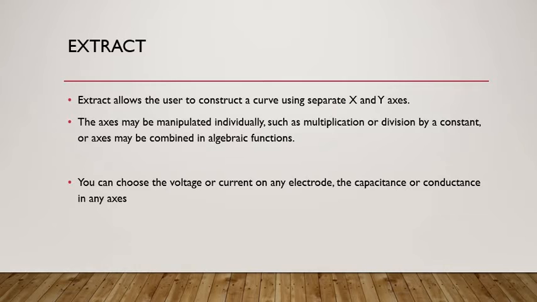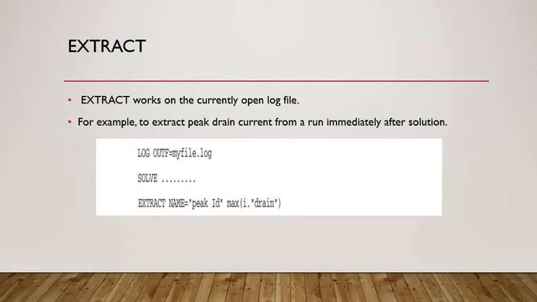Now coming to the syntax. If you want to generate data from extract for the currently open log file, you can do it directly: log outfile equals myfile.log, and then the solve command, whatever you are doing, like DC biasing or changing the wavelength for a particular wavelength. You can easily get the data from here: extract name="peakID" max(i."drain").